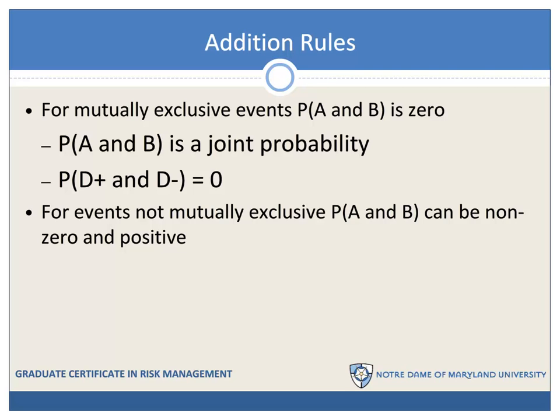The general rule for addition is, as we saw a couple of slides ago, the probability of A plus the probability of B minus the probability of A and B. However, for mutually exclusive events, as we just saw with disease positive and disease negative people, that joint probability of A and B is 0.